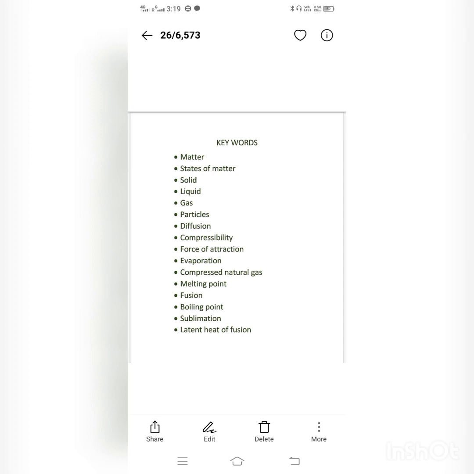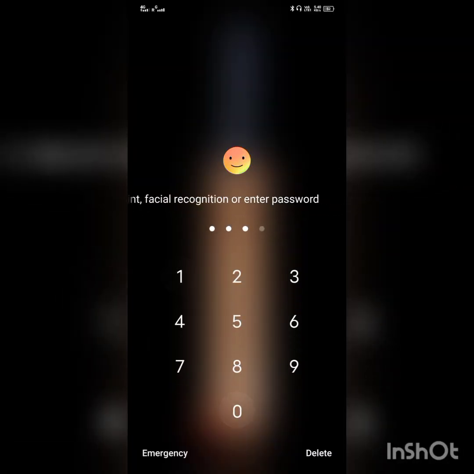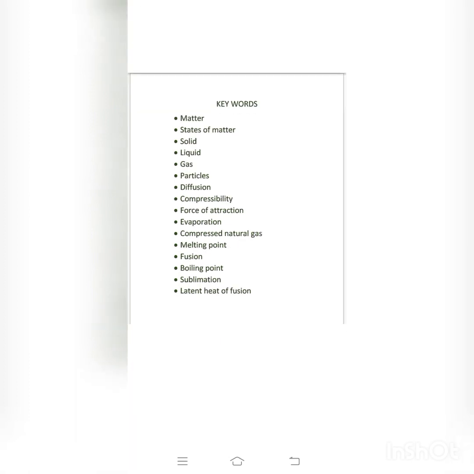Second one, states of matter. How many states of matter are there? First one is solid, liquid, gases. And next one is particles. What are particles? How do particles form?